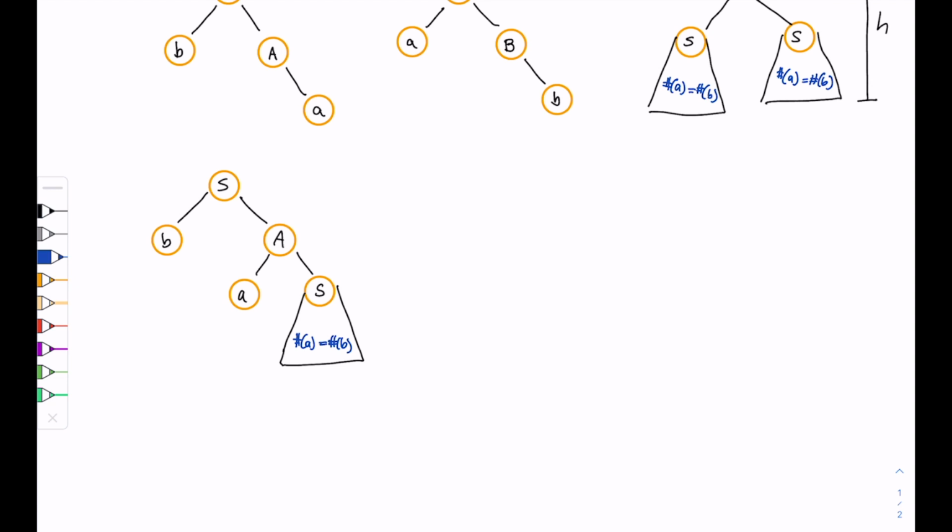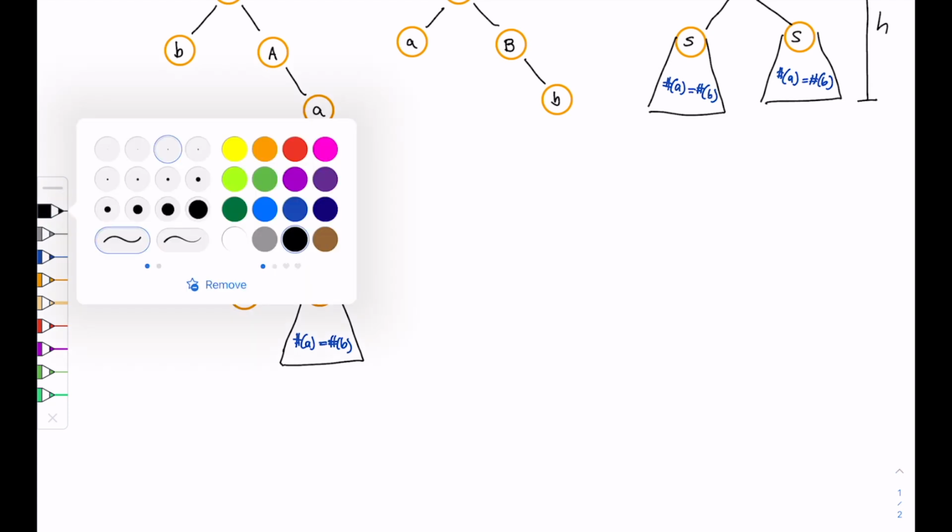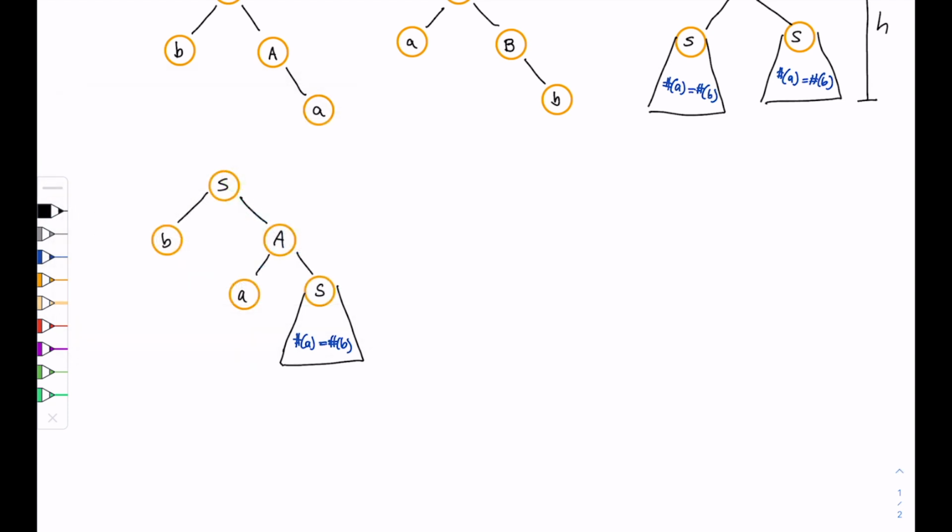And just as a fine point, why can we apply the inductive hypothesis? Well, we know that if this overall height is h, and this right here is only a leaf, that tells us that this must have height h minus 1, and then this tells us that this height must be h minus 2 technically.